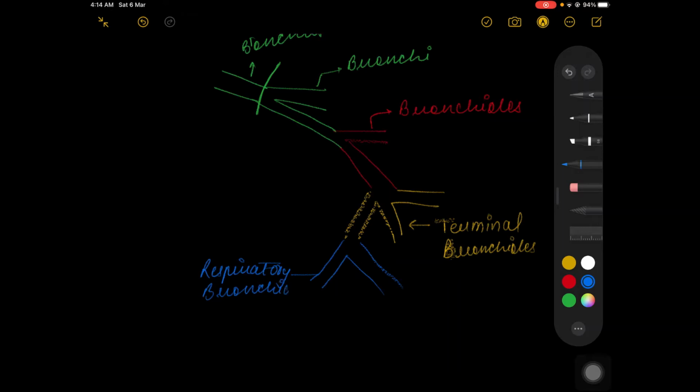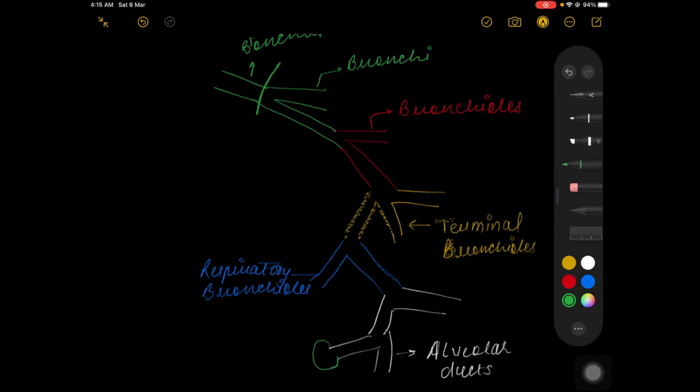Now these respiratory bronchioles further divide into alveolar ducts, and finally form the terminal end, that is the alveolar sac.